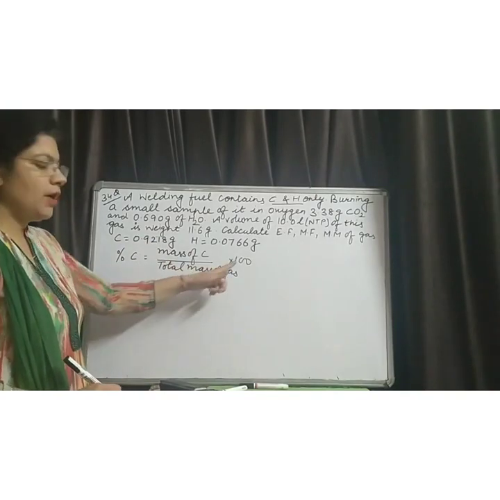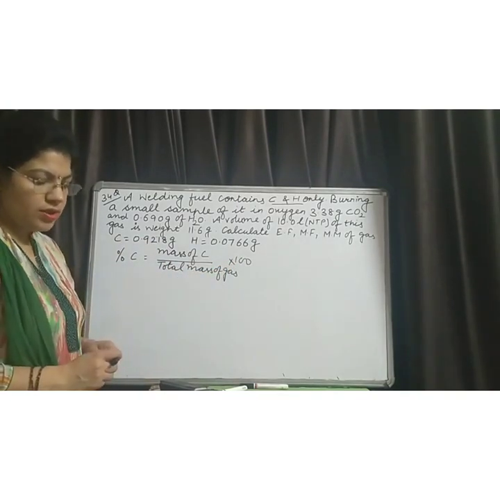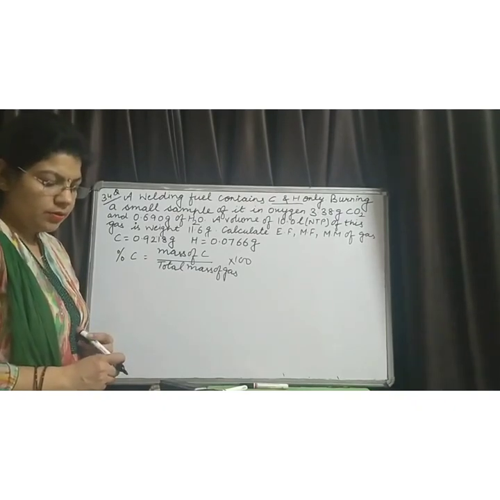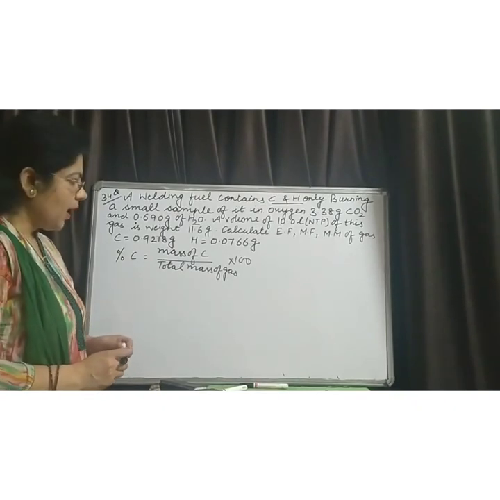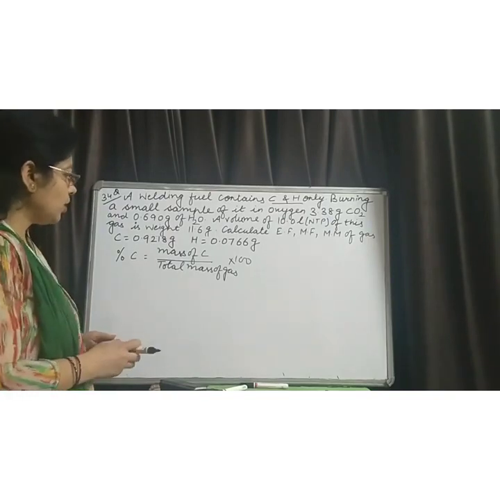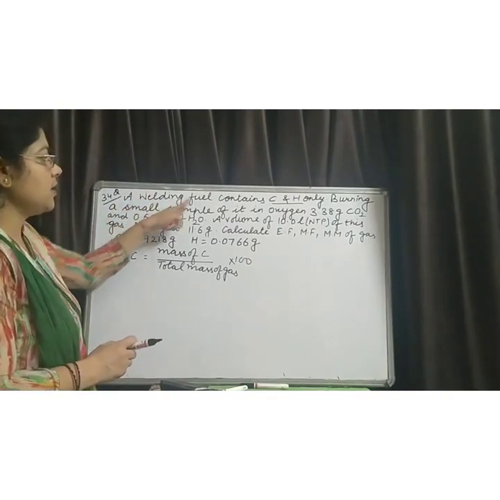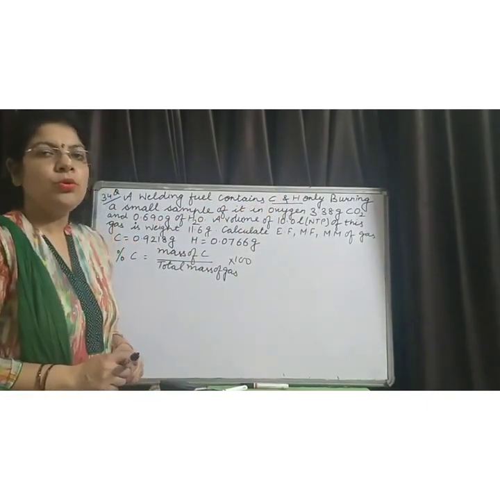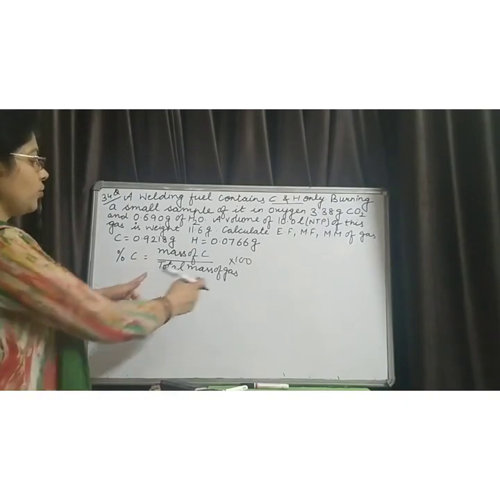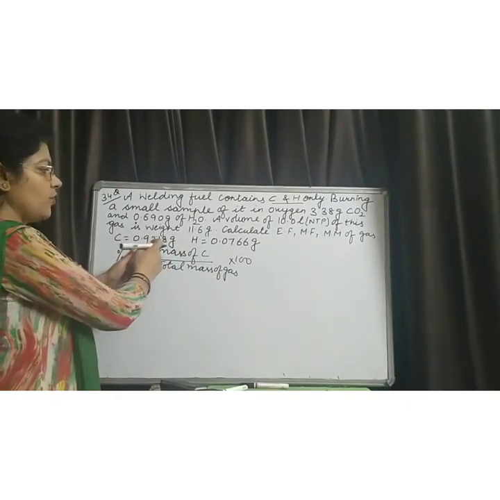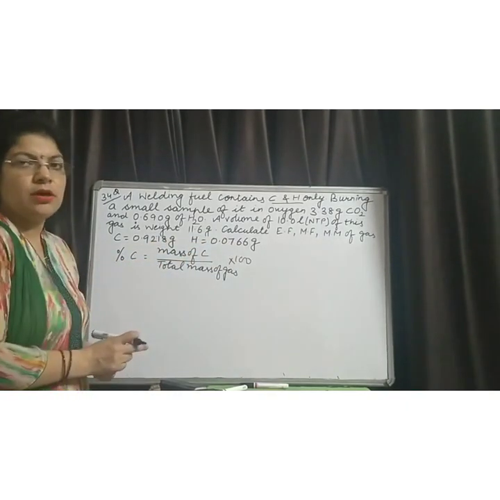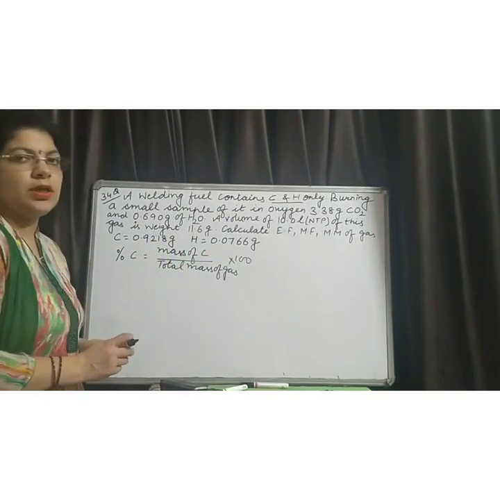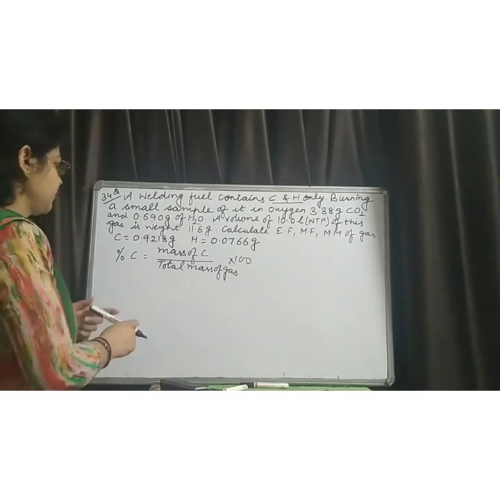If we solve this, it comes out to be the percentage of carbon in this compound. And how do we find the total mass of the gas? As in this gas, only carbon and hydrogen are present, no other elements are present. So for total mass, we add mass of carbon and mass of hydrogen. By doing this, we can easily find the total mass of the gas.